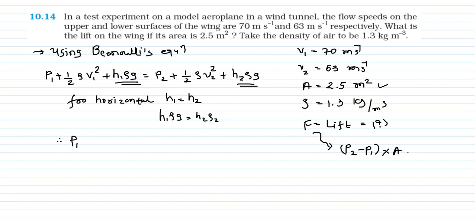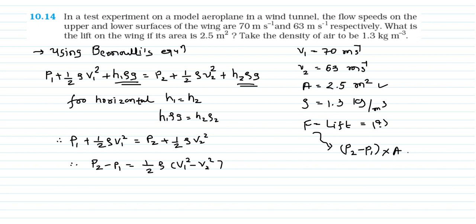Therefore P1 plus 1/2 rho V1 square equals P2 plus 1/2 rho V2 square. Therefore the difference of pressure P2 minus P1 is 1/2 rho (V1 square minus V2 square). Right, you can say this is equation number 1.